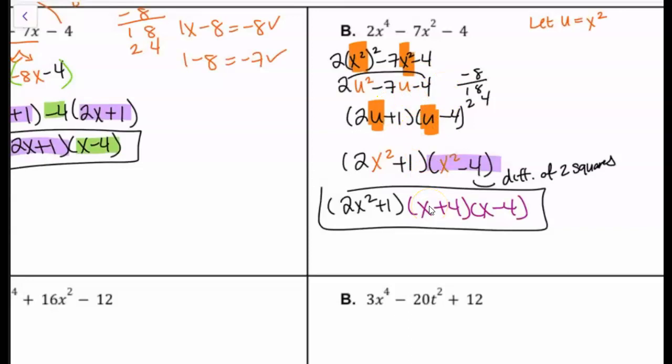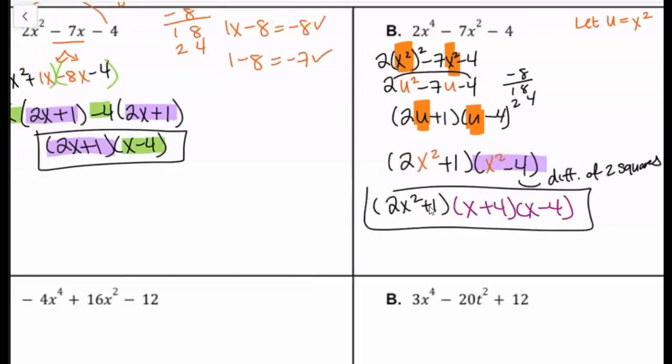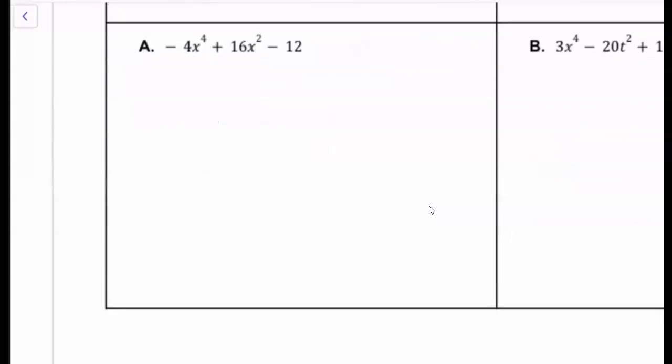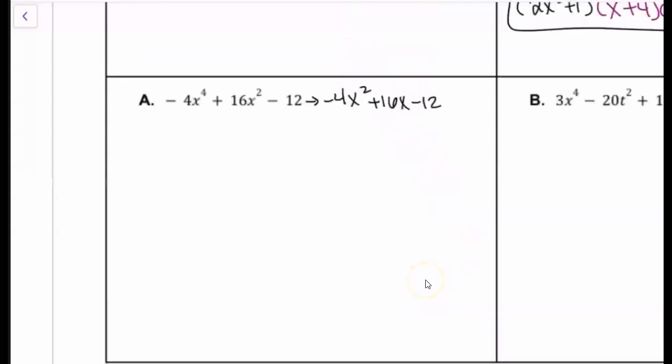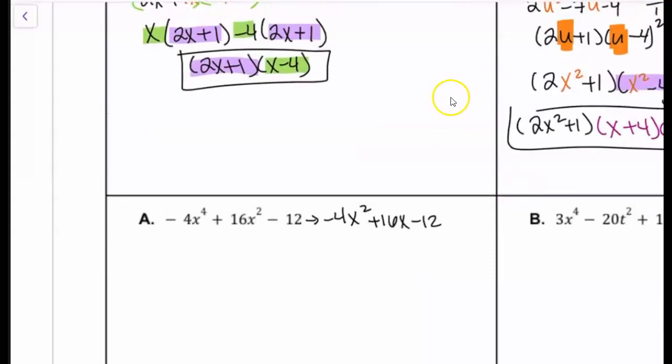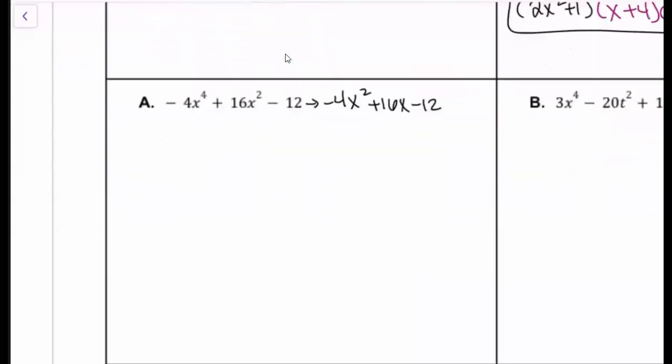It is the correct mathematical way to do it, but you can just keep in mind, hey, I'm just going to rewrite this expression as negative 4x squared plus 16x minus 12. And then keep in mind at the end, when you get your answers, you'll just put in the x squares where the x's are. So we're just going to factor as if it was just a regular quadratic expression, and then at the end, put our squares back in.